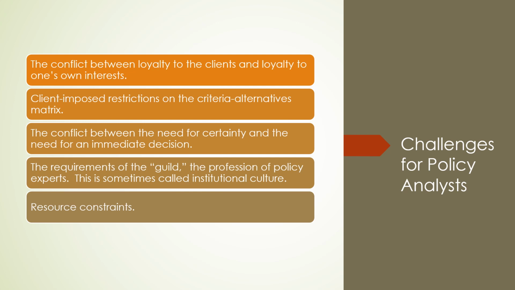But sometimes decisions need to be made in a timely manner, and that's always going to be a challenge for you. And then the requirements of the guild, Munger called it the guild, the profession of policy experts, or your institutional culture, will sometimes suggest types of alternatives that maybe the public wouldn't necessarily want.